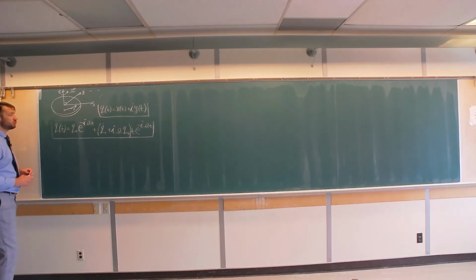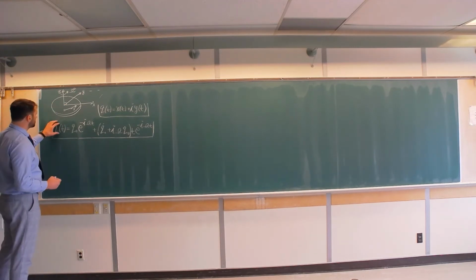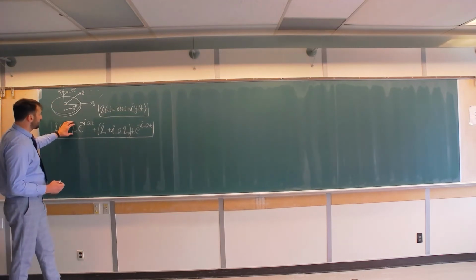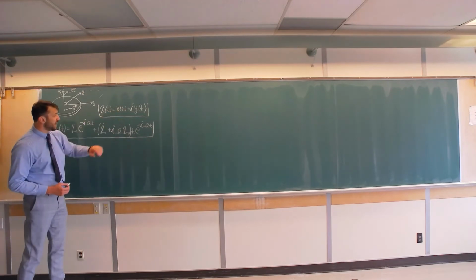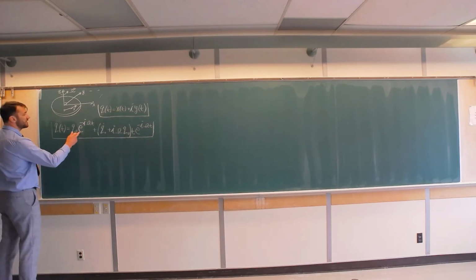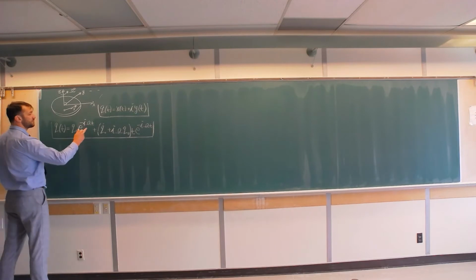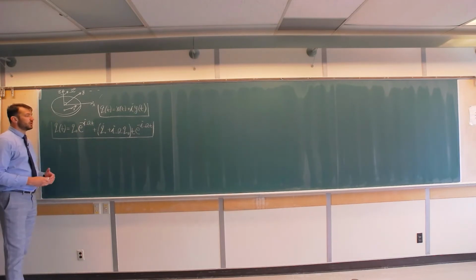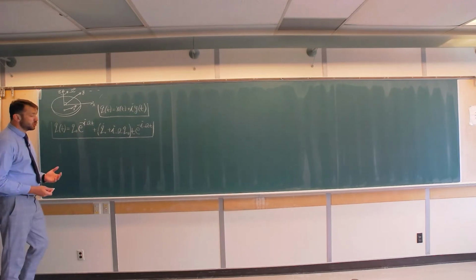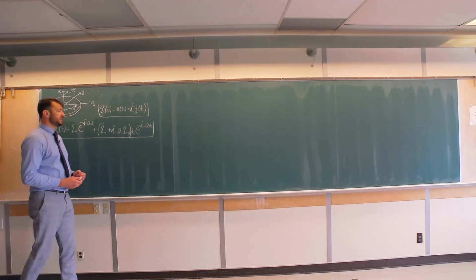So what we want to do now is to express this solution in terms of x and y, but also we want to manipulate a little bit these exponential terms to write the solution in terms of sine and cosine functions.